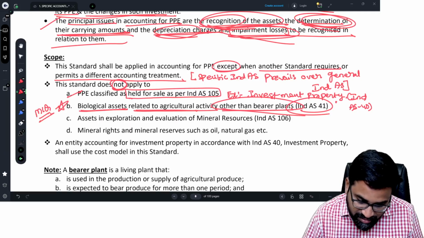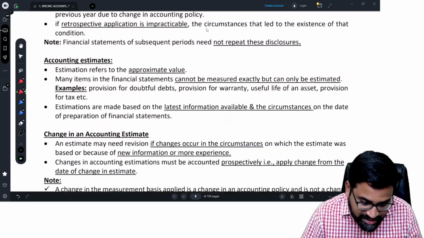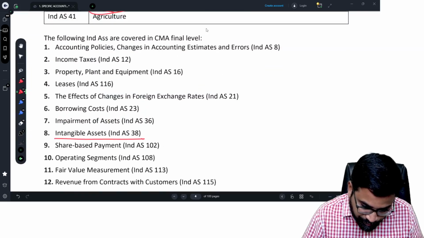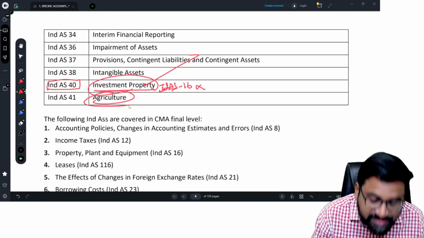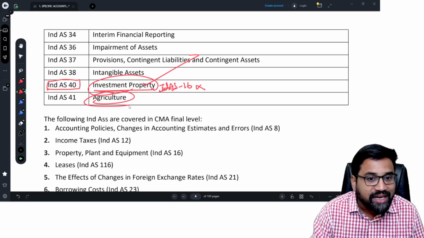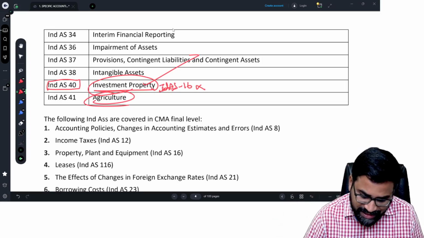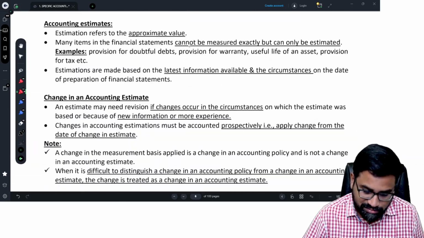What is IND AS 41? It is the agriculture related standard. I will show you. See here, IND AS 41 Agriculture. So in Indian accounting standards, there is a separate standard for agriculture. So that's why we will follow that standard.